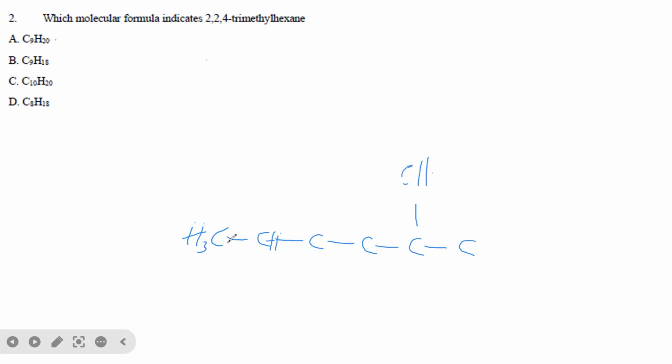So we have methyl, that is, we have CH3. And here we have CH3. And of course, here is CH3. And at position 4, we also have methyl. So 1, 2, 3, 4. Therefore, here we have our hydrogen, and here we have our hydrogen, and of course, here is CH2.